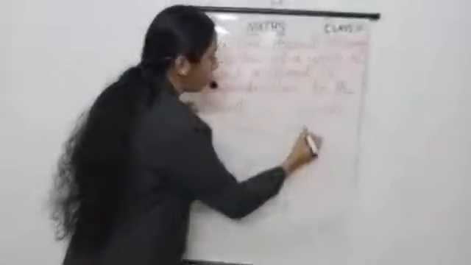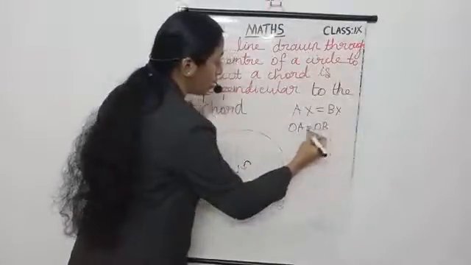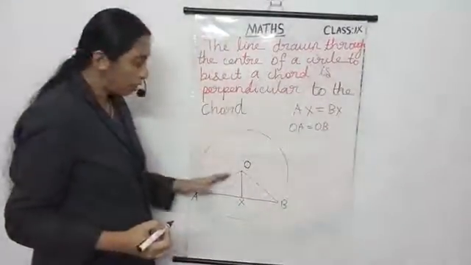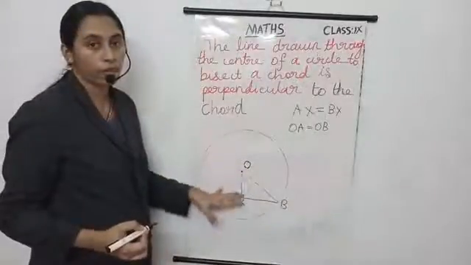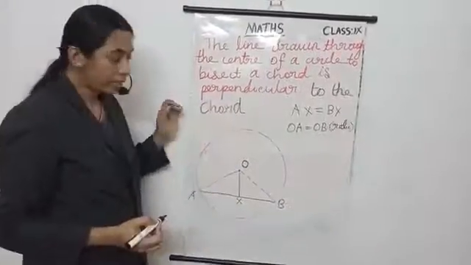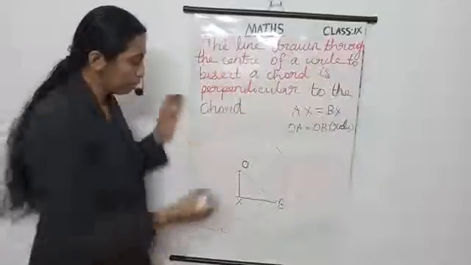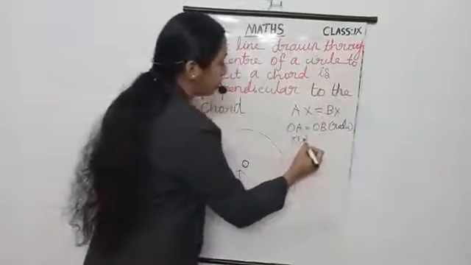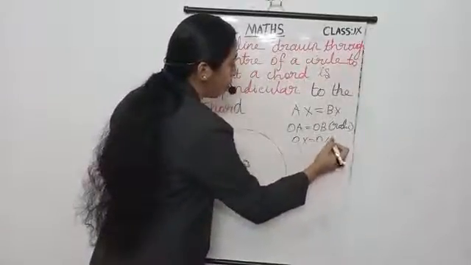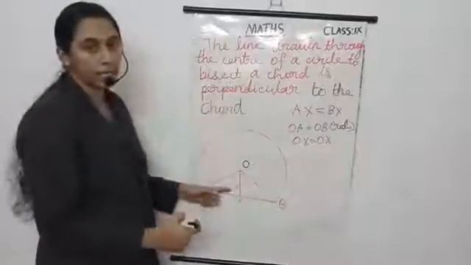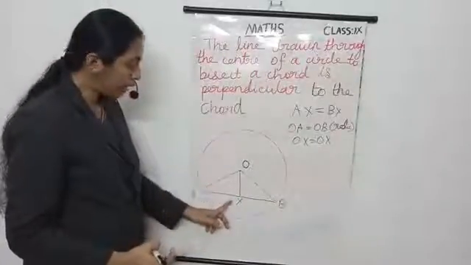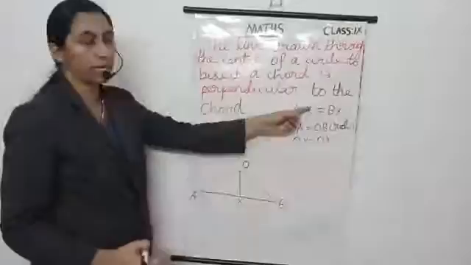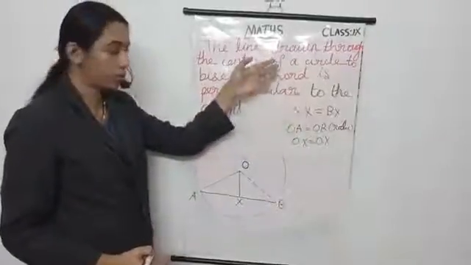OA equal OB because what is the reason? Both are radii of the same circle. Next consider this side. OX is equal to OX, common for both triangles, and the last side AX is equal to BX, that is already given in the statement.